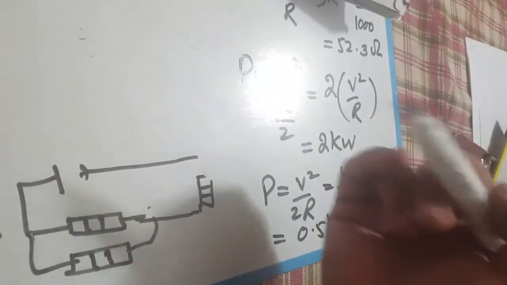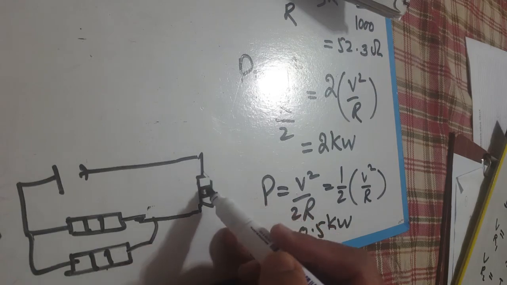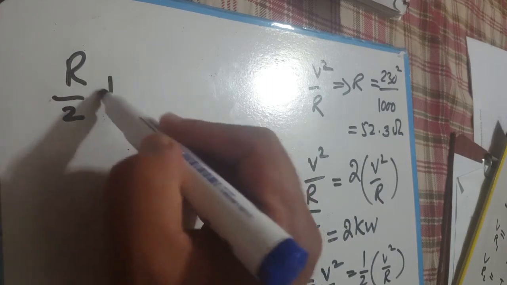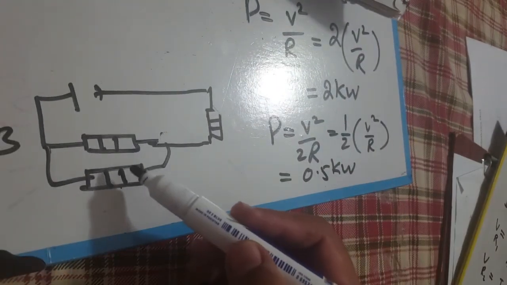यहाँ पर R and R, that makes half R, R by 2, and this R. So you will get a resistance R by 2 plus R. If someone is stuck here, how can we get this?